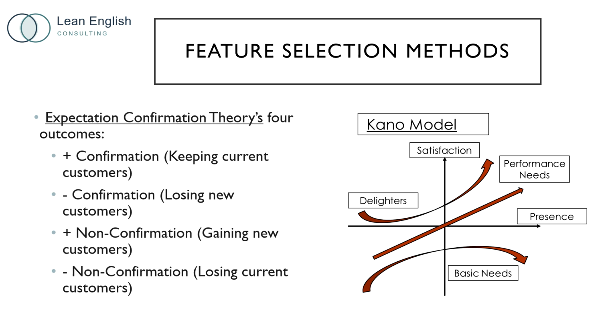For example, if you eat at the same restaurant and order the same thing every Friday, then you will have a positive confirmation experience if your meal is exactly what you expected and you have enjoyed it. Your expectation was confirmed. But if your meal is not what you expected and you did not enjoy it, it will be a negative non-confirmation experience.